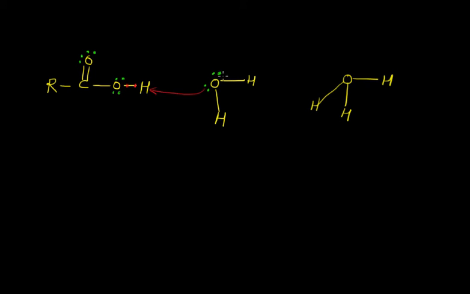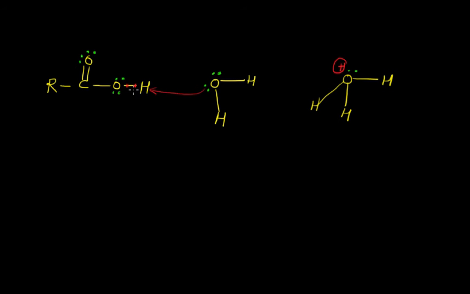Let me write these electrons over here, and the lone pair of electrons present here is actually involved in bonding with hydrogen. Now we have three bonds on this oxygen, that's why we need to write the positive charge on this oxygen. Such a species is known as the hydronium ion.